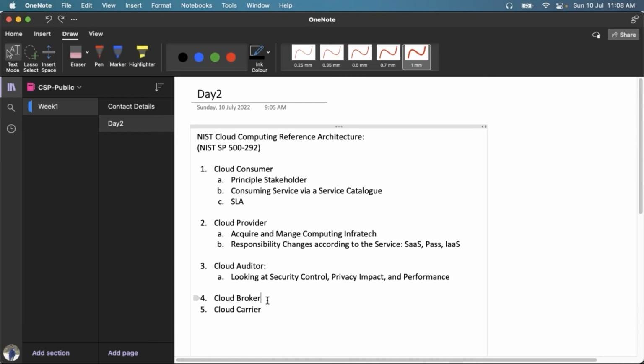Generally there are three ways in which you can use the services of a cloud broker. The first one is service intermediation. In this one, your cloud broker helps to enhance any services.